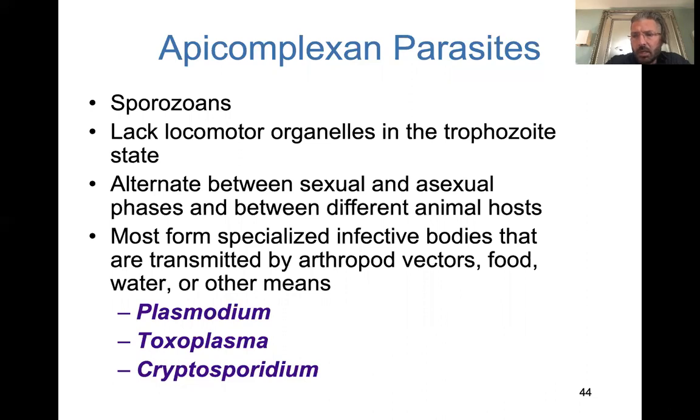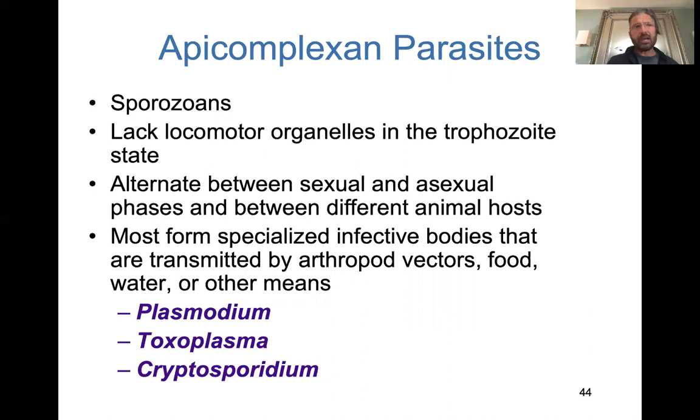This isn't pathophysiology two, so we're not really going to be talking about sickle cell disease, where the red blood cells rupture before these can multiply in the red blood cells. We were talking about that, but that's how sickle cell really works with this. So these are locomotor organelles in the trophozoite stage.